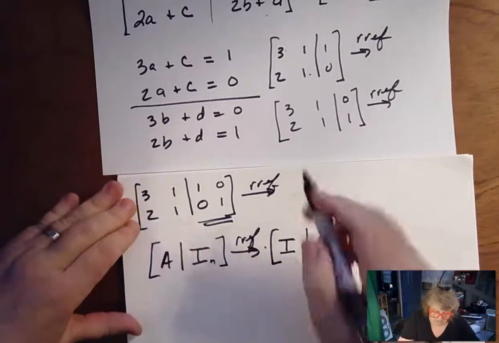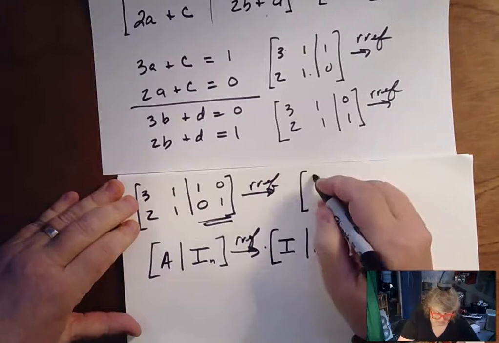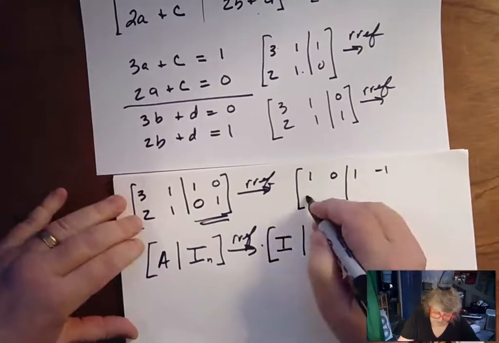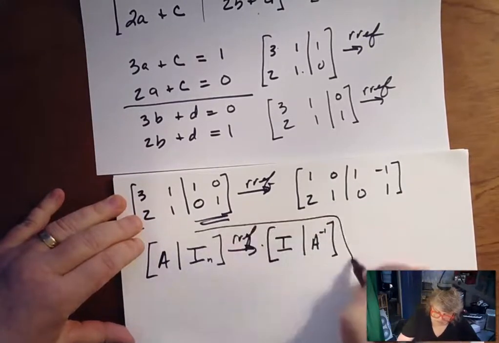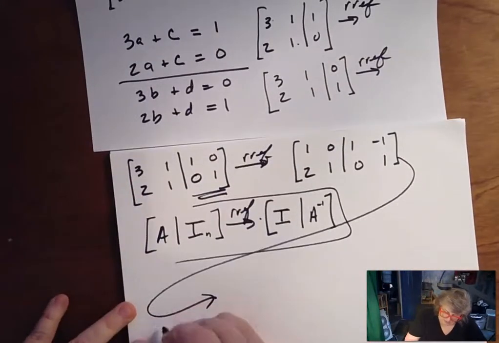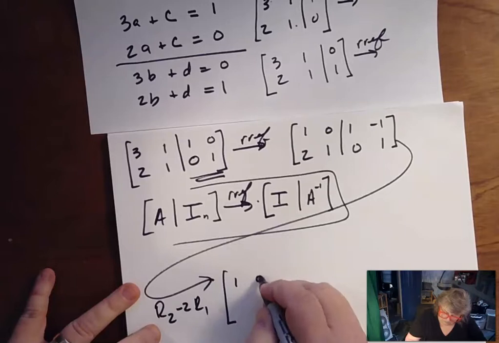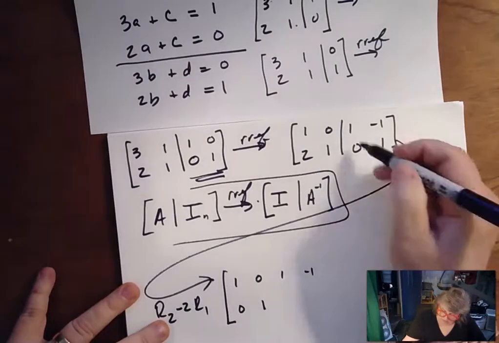So let me do this. I need to do this row minus that row. So I'll have 1, 0, 1, negative 1. Can leave this row alone. I'm going to say row 2 minus 2 times row 1. So that gives me a 0. 1 minus 0 is 1. 0 minus 1.